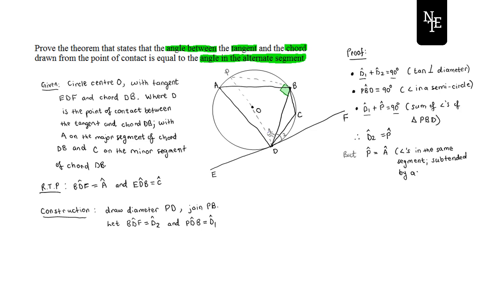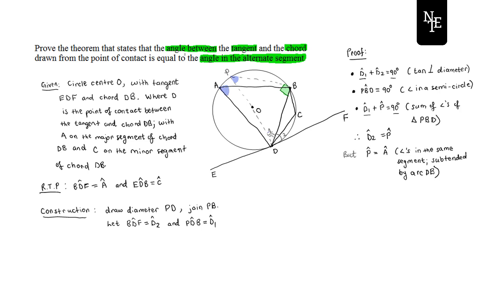What are they subtended by? Arc DB. It's not necessary, but I always just like to add it. So what we have now is that this angle P is equal to this angle A, and that's just from theory.